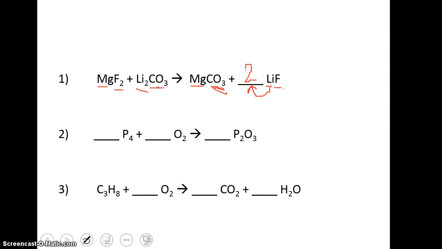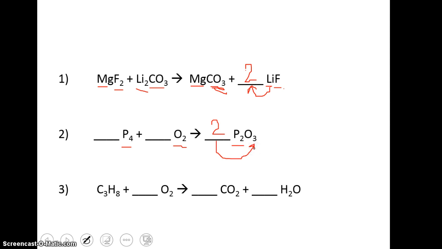The second one, we've got 4 P's on the left and 2 P's on the right. To balance that, we need to increase the right-hand side to 4. So 2 times 2 is 4. Now, let's look at the oxygen. There's 2 oxygen on the left, and there are 6 oxygen on the right, because 2 times 3 is 6.